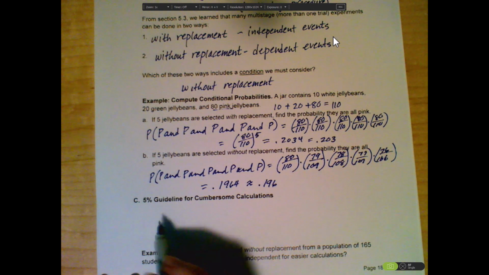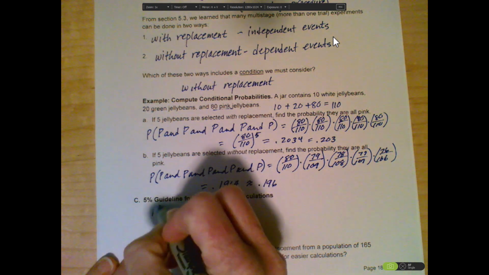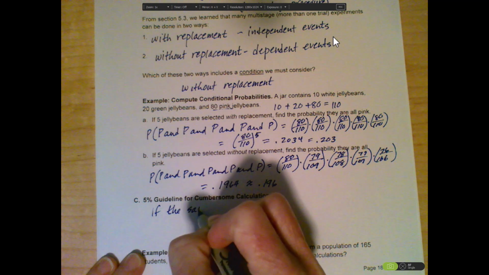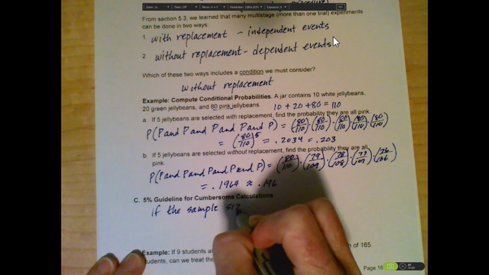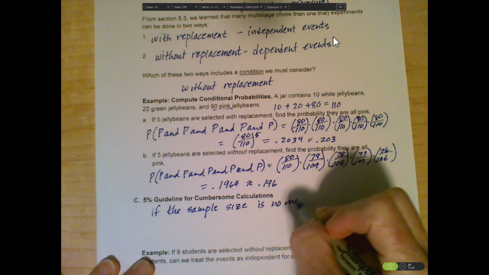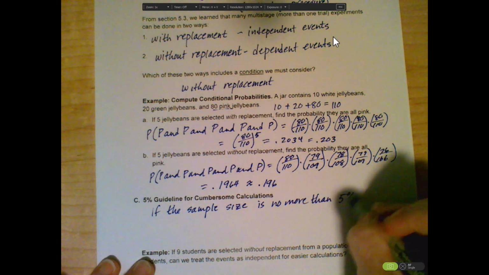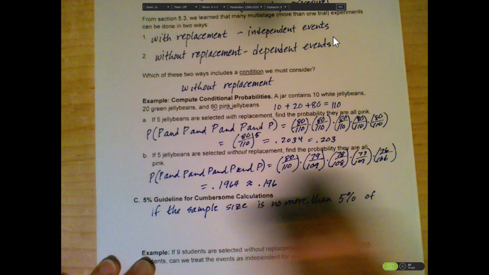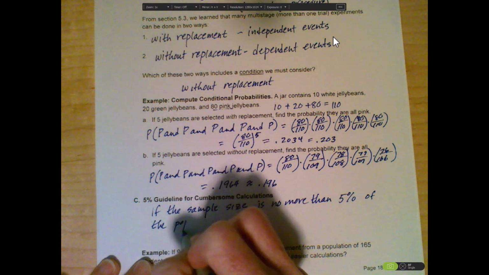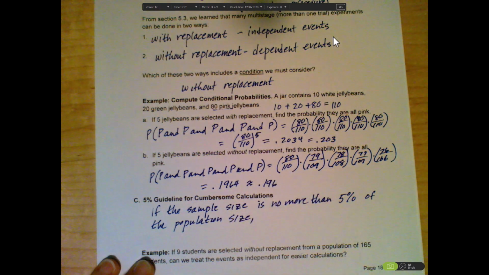So what this guideline tells us is if the sample size, the number that your sample, in this case it was 5, is no more than 5% of the population size, we can just treat the events as independent.